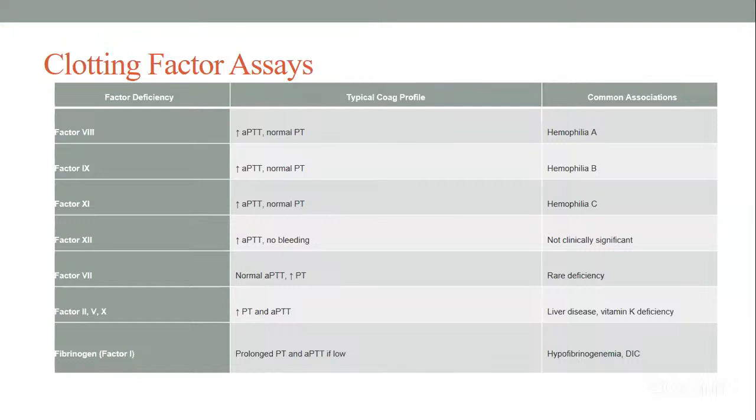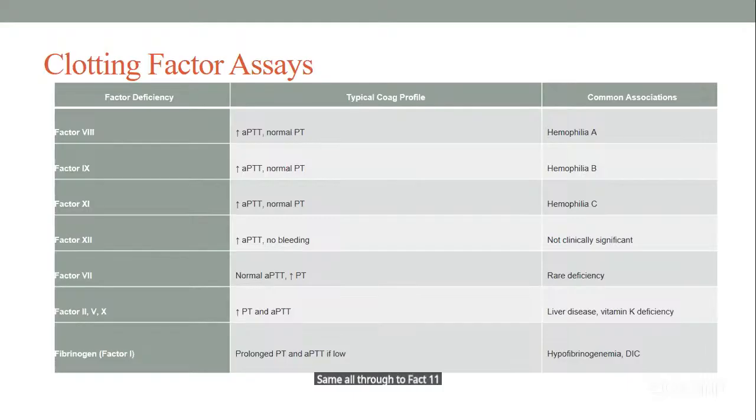Then this is a complete assay test run. When you check on factor 8, you will always find APTT high with normal PT. When you do factor 9, APTT will be high with normal PT. Same all through to factor 11.